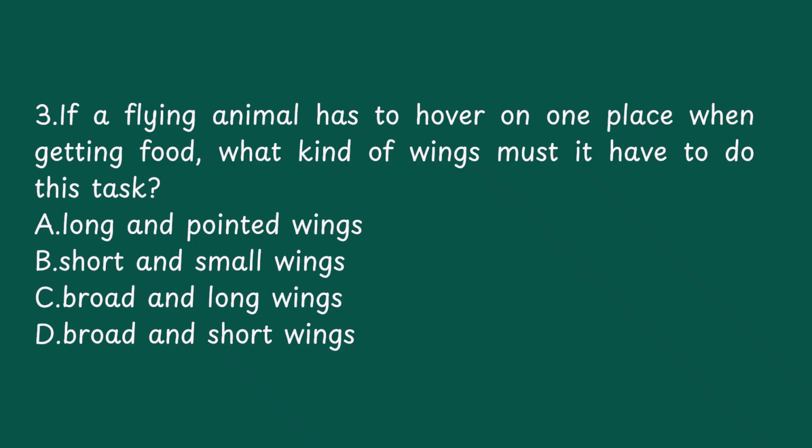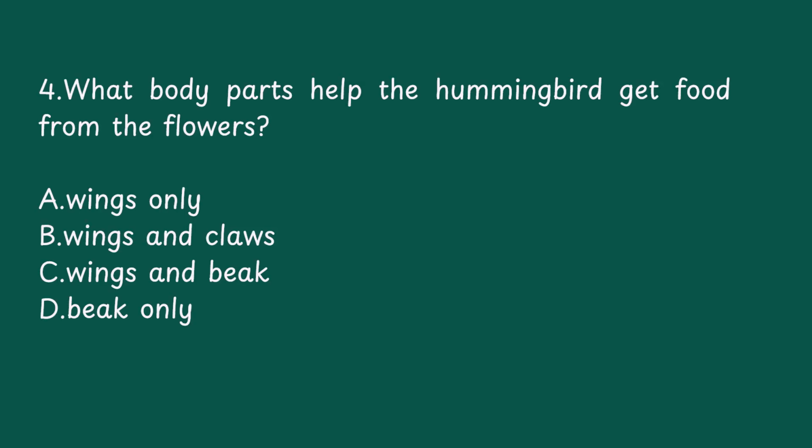3. If a flying animal has to hover in one place when getting food, what kind of wings must it have to do this task? A. Long and pointed wings. B. Short and small wings. C. Broad and long wings. D. Broad and short wings. 4. What body parts help the hummingbird get food from the flowers?